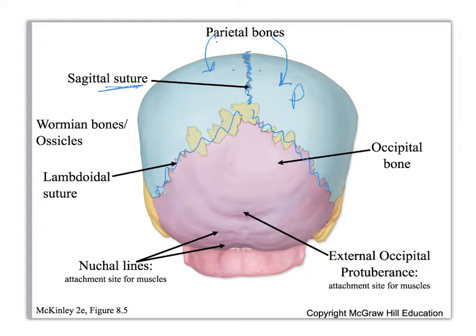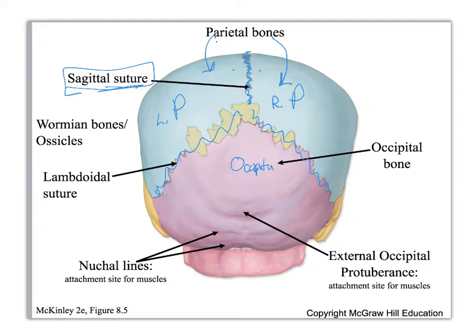So you've got a parietal, and then down here, that's your occipital bone. Okay, so the sagittal suture separates the two parietal bones. And you may remember the word sagittal because we learned about the sagittal plane. So the sagittal plane divides the body into right and left sides. The sagittal suture divides the right parietal from the left parietal.